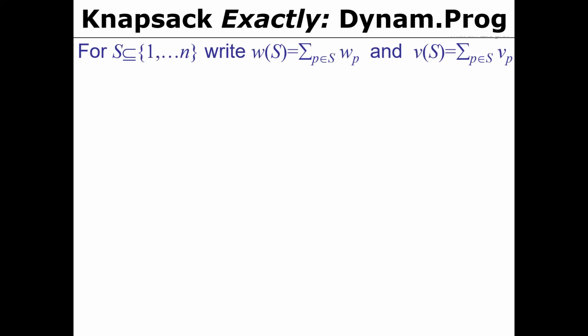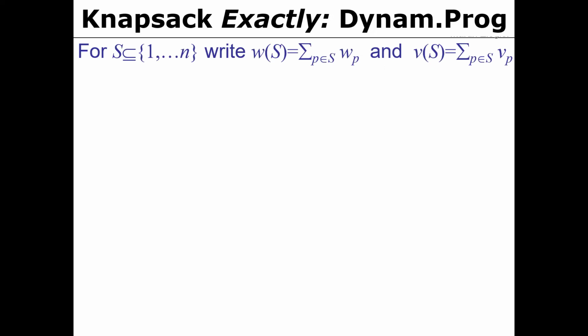And we ended last lecture by describing and analyzing an exact parameterized algorithm for the knapsack problem using dynamic programming. So we introduced these abbreviations for a subset of the packets. Capital W denotes the total weight of this subset of packets.